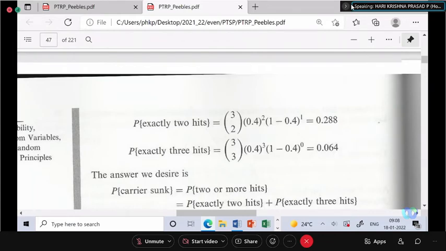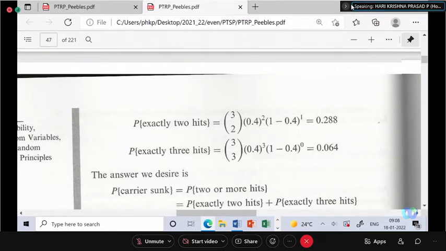Still, out of curiosity, I wish to know exactly one hit. What is the probability? Probability of exactly no hits. See, the last statement is probability of exactly three hits. Why fire one more torpedo? It is wastage of effort, right? So that is how the problem goes.